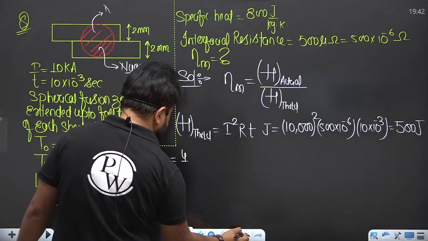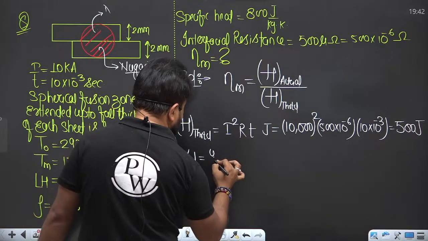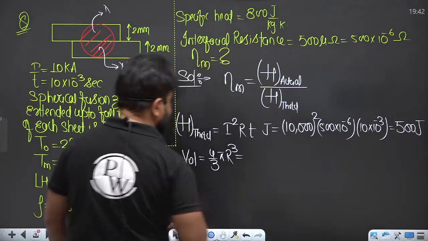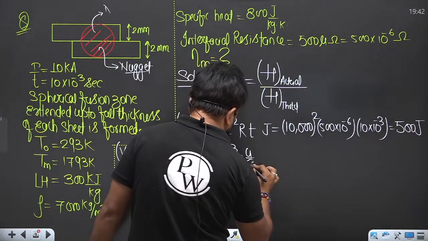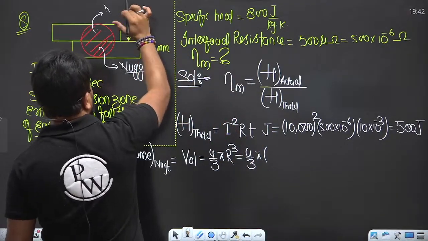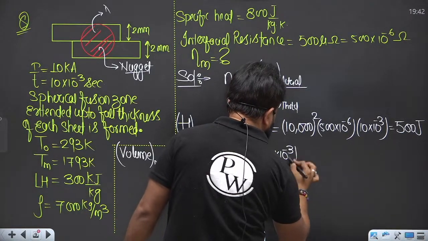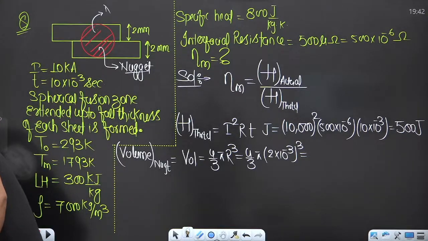In short, I'm going to write volume, that is 4 by 3 pi r cube. Here the radius is 2 mm, that is 2 into 10 to the power minus 3.